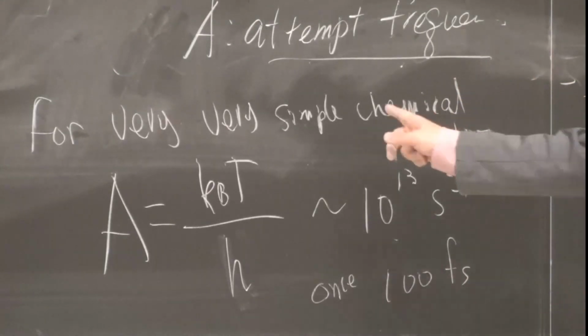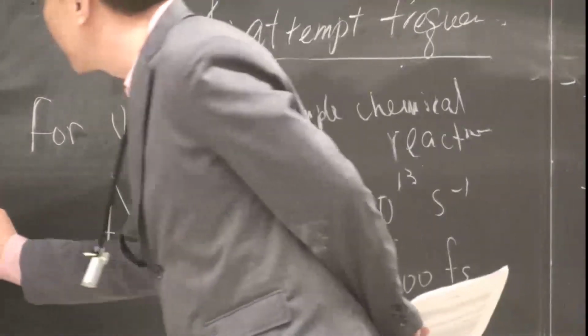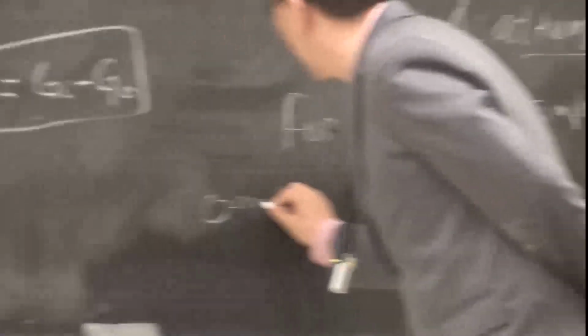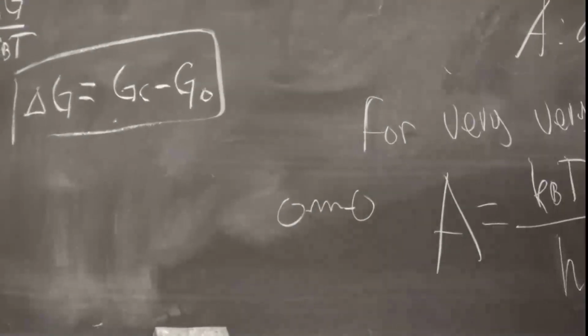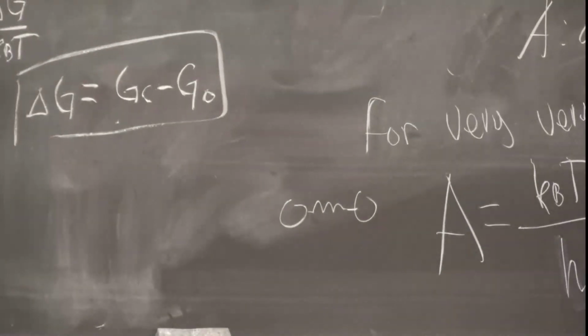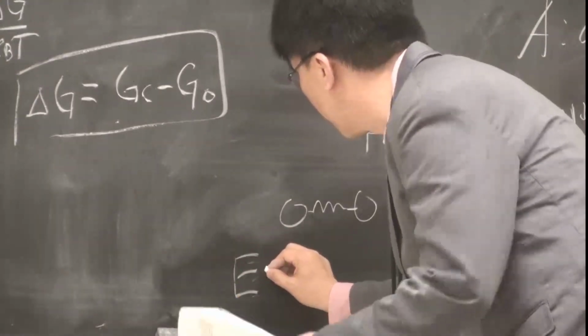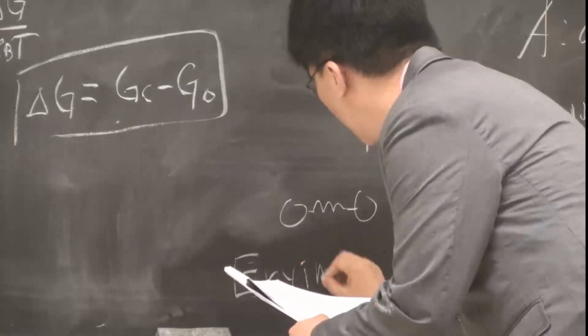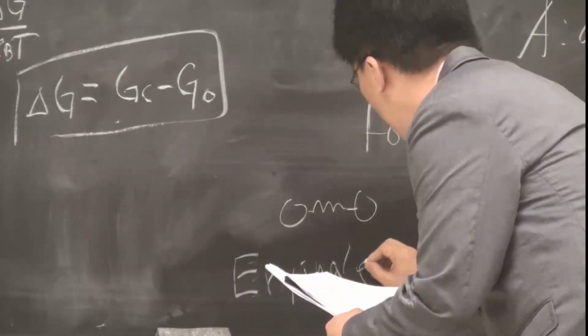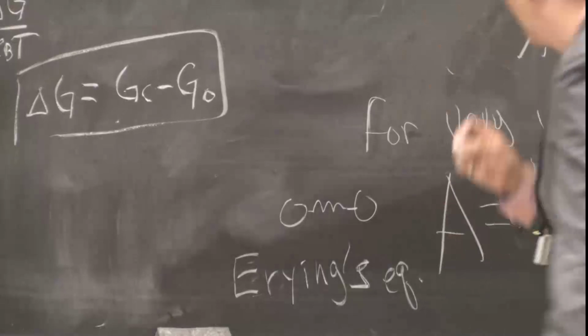Basically, this applies if you have a very simple molecule, let's say a diatomic molecule in vacuum, right? In that case, you can use this expression, and this becomes Eyring's equation.